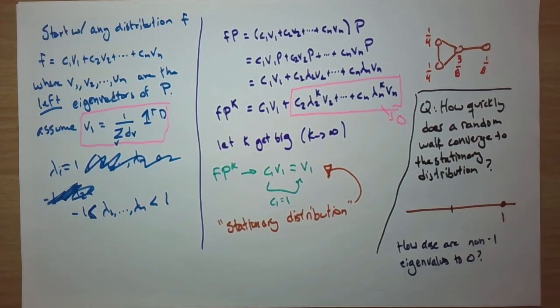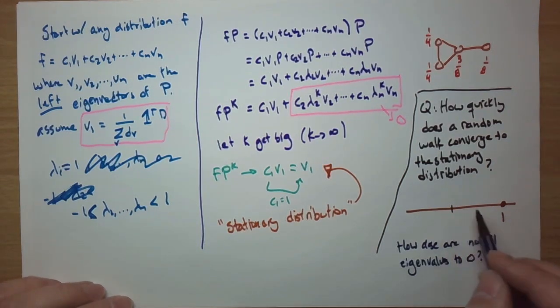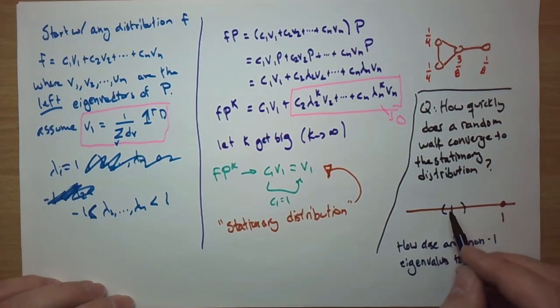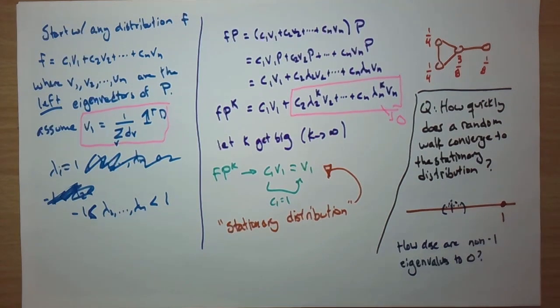And that's essentially the answer. If you're in a scenario where your eigenvalues are very close to 0, except for the big one, that sends a signal that it's going to converge very rapidly.